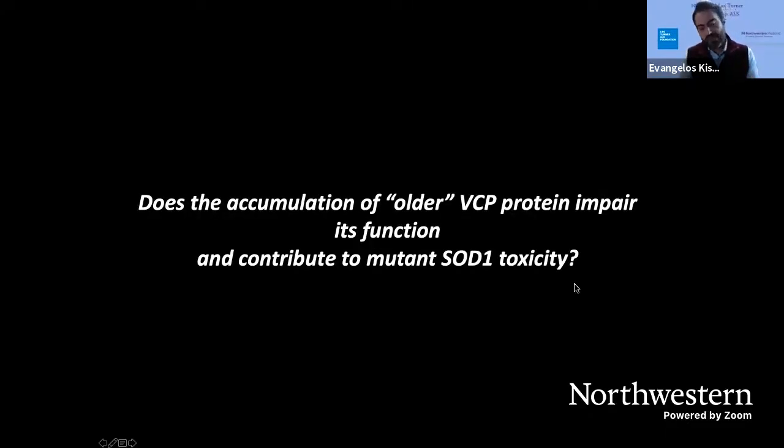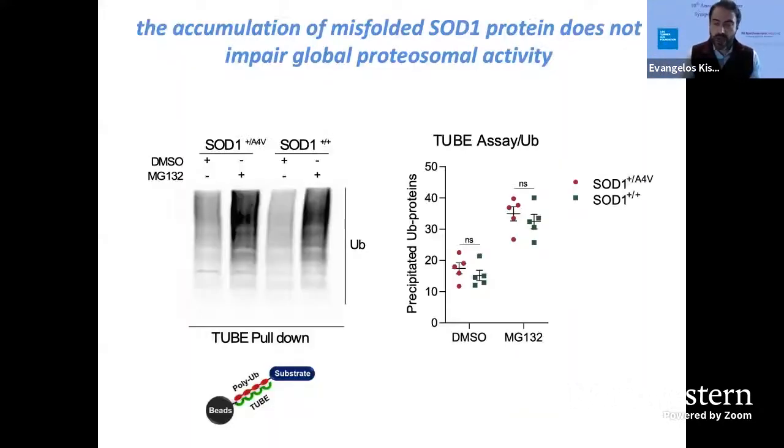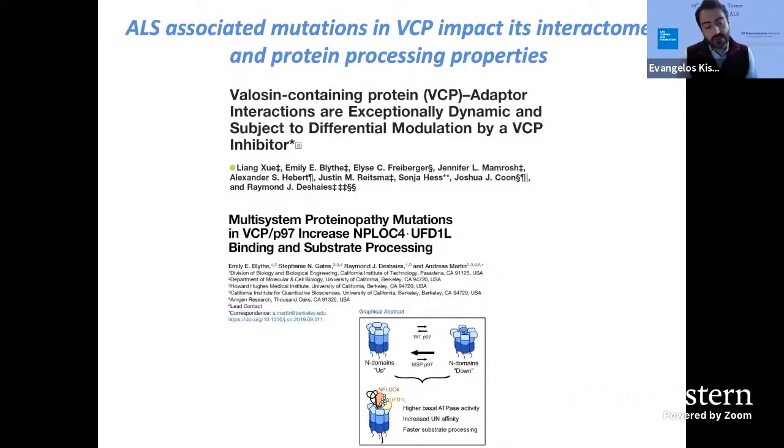So the next question is, does the accumulation of older VCP protein impair its function and contribute at all to mutant SOD1 toxicity? But I showed you earlier that there's no evidence for accumulation of ubiquitinated substrates in mutant motor neurons. So where does that leave us? So we scoured the literature, and what we found was two very intriguing things. First of all, the interactome of VCP seems to be exceptionally dynamic.